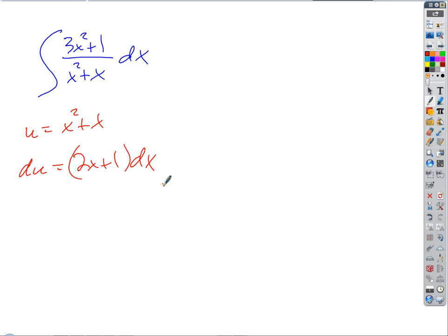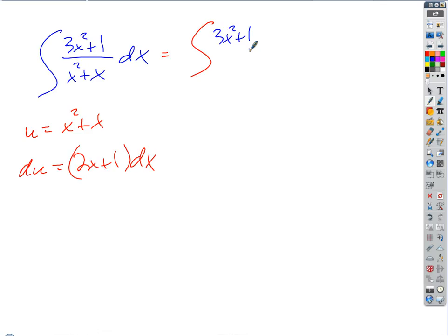Right. So this is going to look like the antiderivative of 3x squared plus 1, right? Times what else do we get? What's that dx equal to? du over 2x plus 1. Okay, du over 2x plus 1.